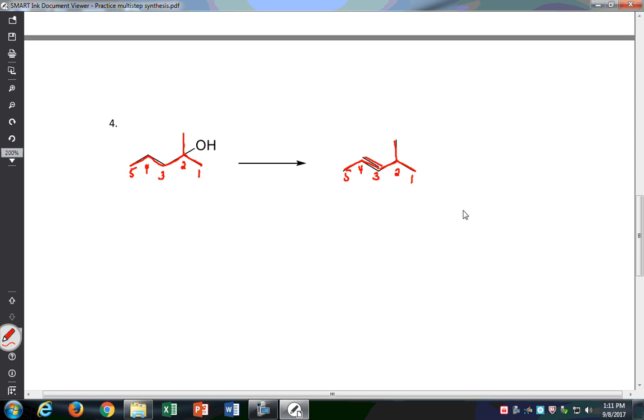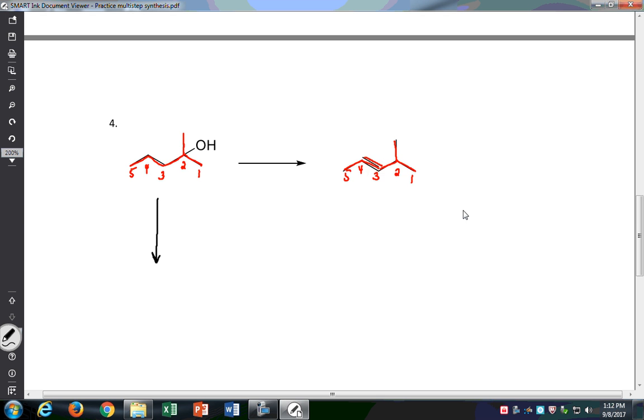This one still might go through an E1 okay, because there's really no rearrangements that can occur. That carbocation would be tertiary. And we are trying to get our double bond between 2 and 3, because that's getting us closer to 3 and 4. So that is our most substituted. But just to be really clear, let's just go through E2 to make sure we don't have any adverse reactions.